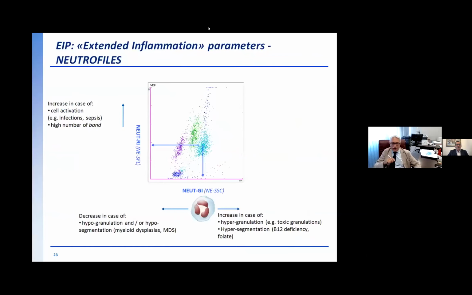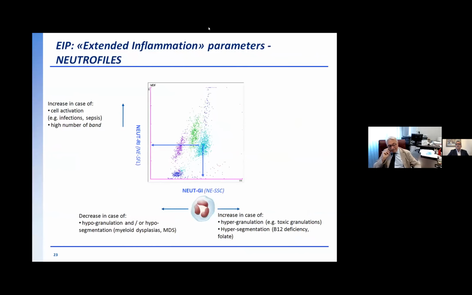And this slide now shows the phenomenon better on the fluorescence against side scatter diagram. You can see the increase of intensity of fluorescence, of the average value of fluorescence in this population, and there is an increase on the x-axis of the complexity and of the side scatter.